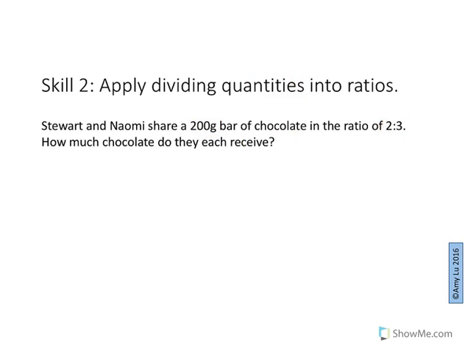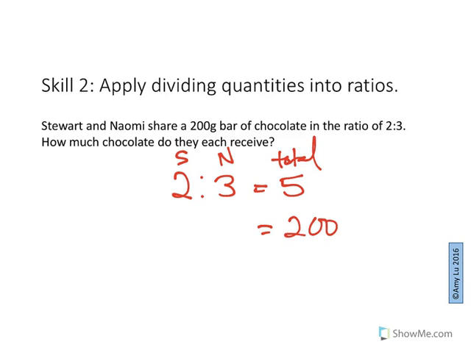Okay, so 2 parts for Stuart, 3 parts for Naomi, 5 parts total. 200 grams that they must share. 5 times 40 makes 200 because 200 divided by 5 makes 40. Then I just times this side by 40.